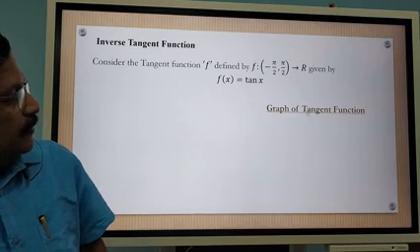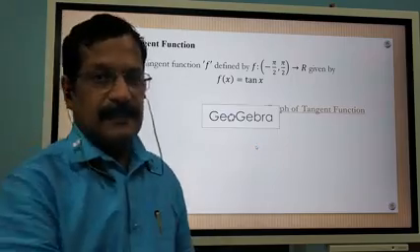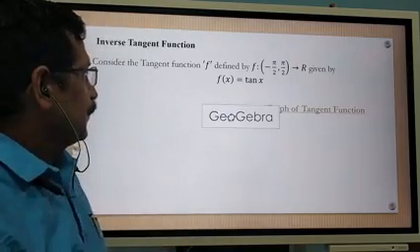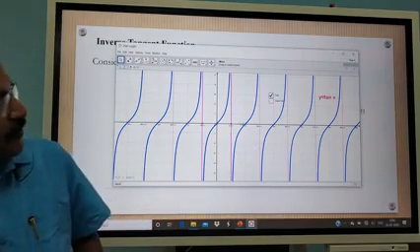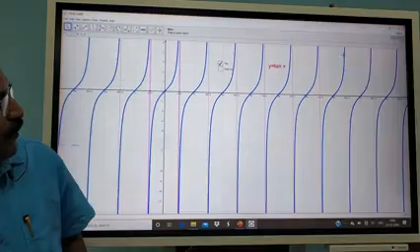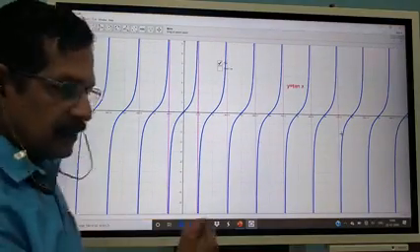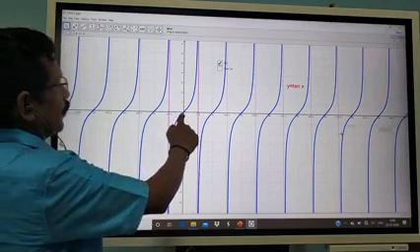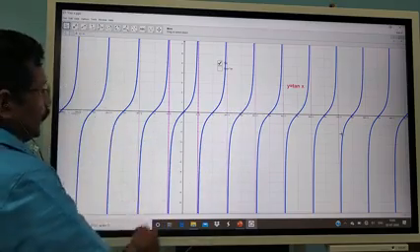Now, let us discuss the graph of tangent. This is the graph of the tangent function, y equals tan x. You can see that here it is 0, pi by 2, pi, 3 pi by 2, etc., and in the same way on the other side.